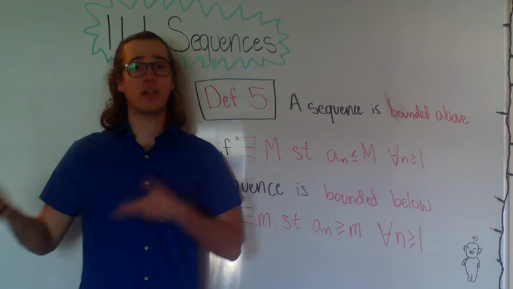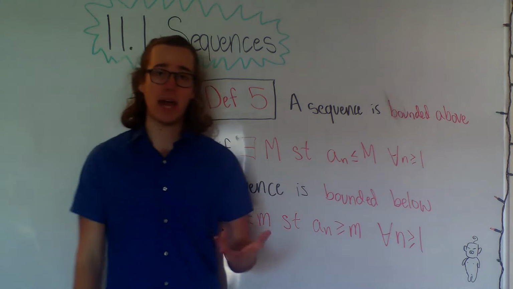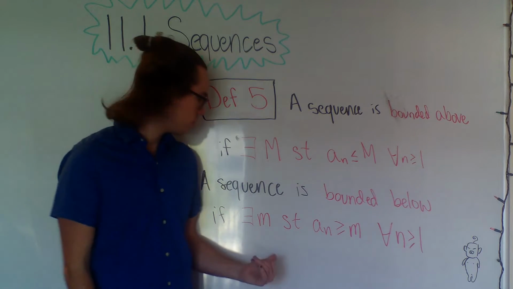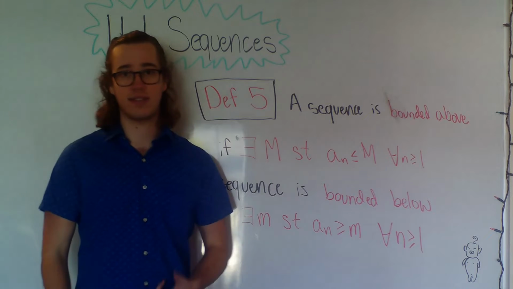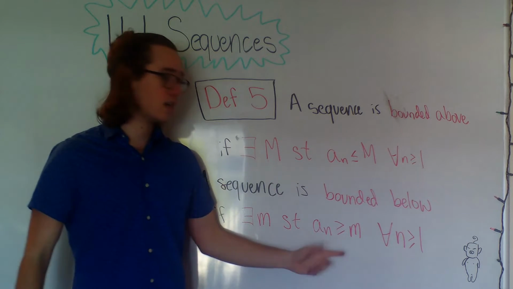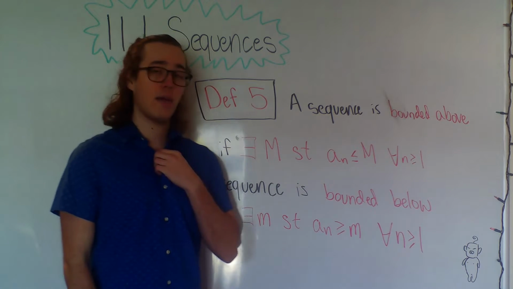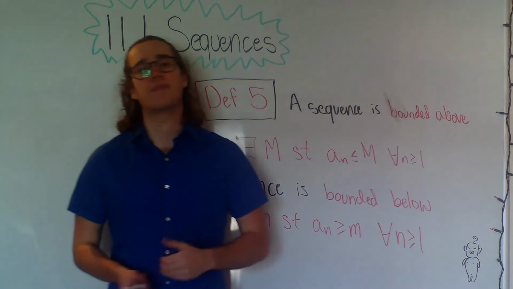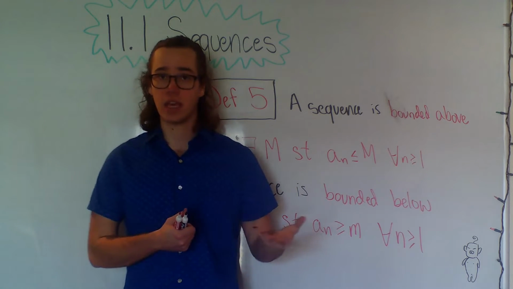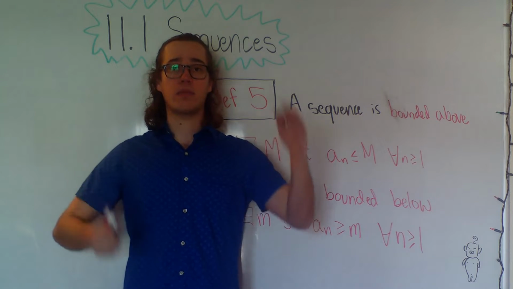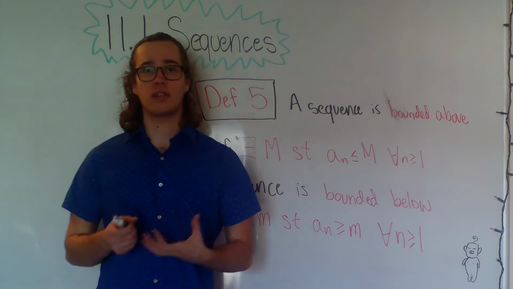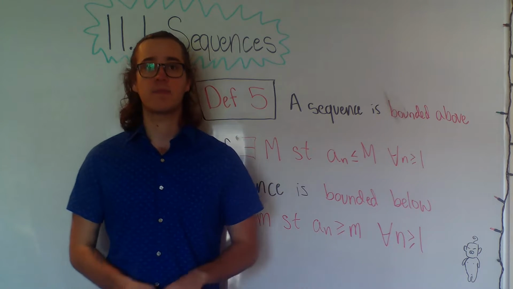A sequence is bounded below if, you guessed it, there exists a lowercase m, because it's smaller, such that a sub n is greater than or equal to m for every n greater than or equal to 1. Same thing as bounded above, except now it's below, and this lowercase m is the smallest your sequence can ever be.